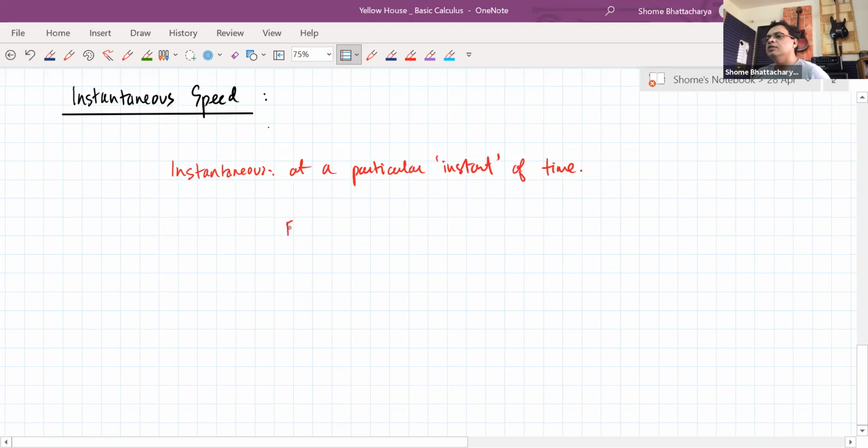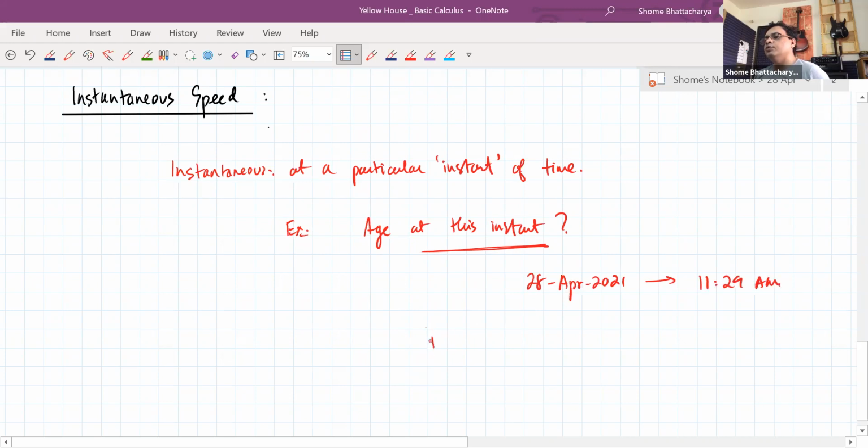So for example, if I ask what is my age at this instant, I know that right now it is 28th of April 2021, and let's say precisely the time is 11:29 a.m. If I know my date of birth, suppose some day, some month, some year, and a particular time, let's say 12 p.m., then precisely at this moment, what is my age?